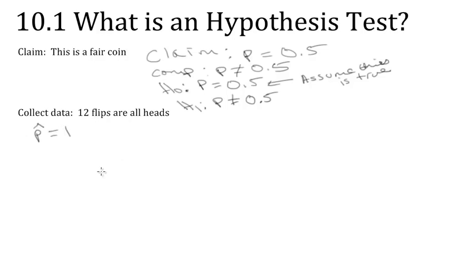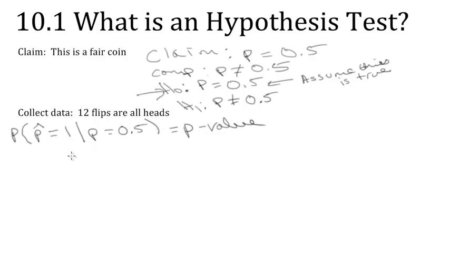And that's not very probable if it is truly a fair coin. So what we're wondering is, what's the probability of getting a p-hat of 100% given that the true proportion is 50%, 0.5. And that's going to be our p-value. That is the probability of seeing the data that we've collected under the assumption that the null is true.